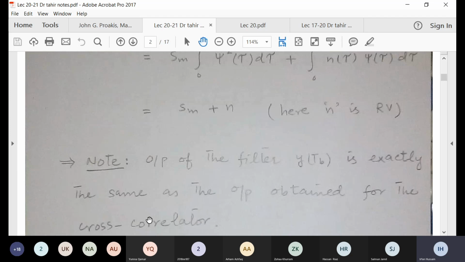So the output of this filter is exactly the same as the output that was obtained for the cross correlator in terms of antipodal signaling, when the input signaling is again binary.